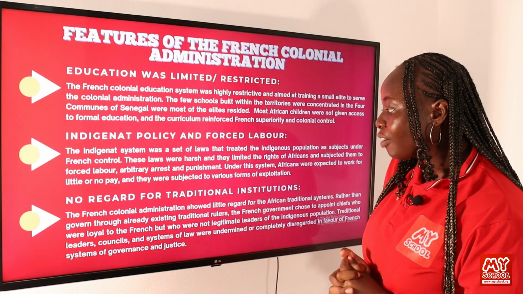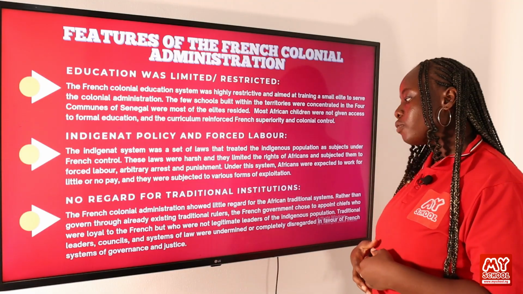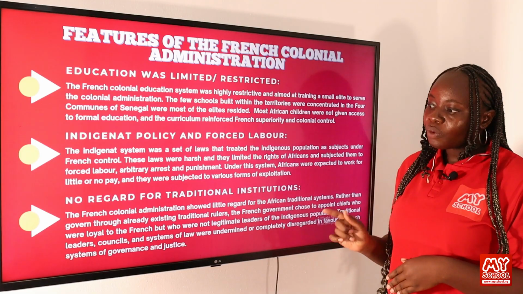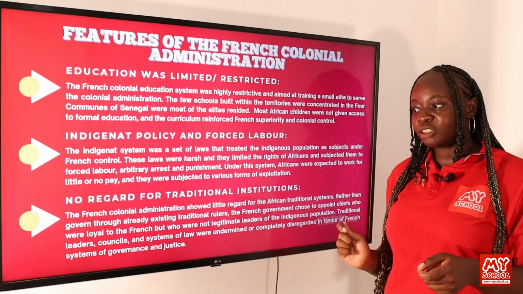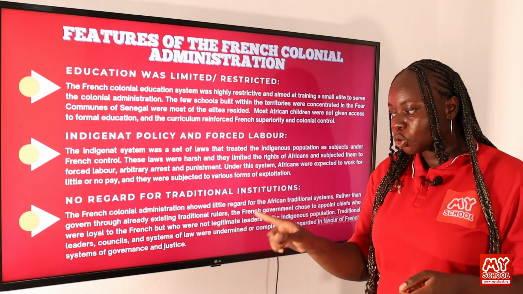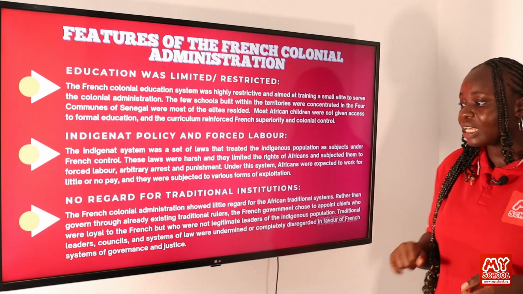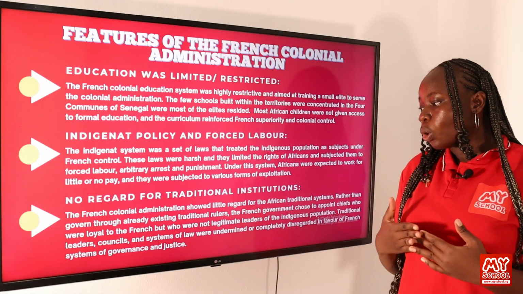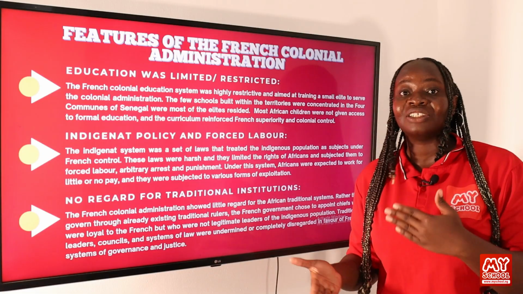There was also no regard for traditional institutions. The French colonial administration showed little regard for African traditional systems. Rather than govern through already existing traditional rulers, the French government chose to appoint chiefs who were loyal to the French, but who were not legitimate leaders of the indigenous populations. So traditional leaders, councils, and systems of law were undermined or completely disregarded in favor of French systems of governance and justice.